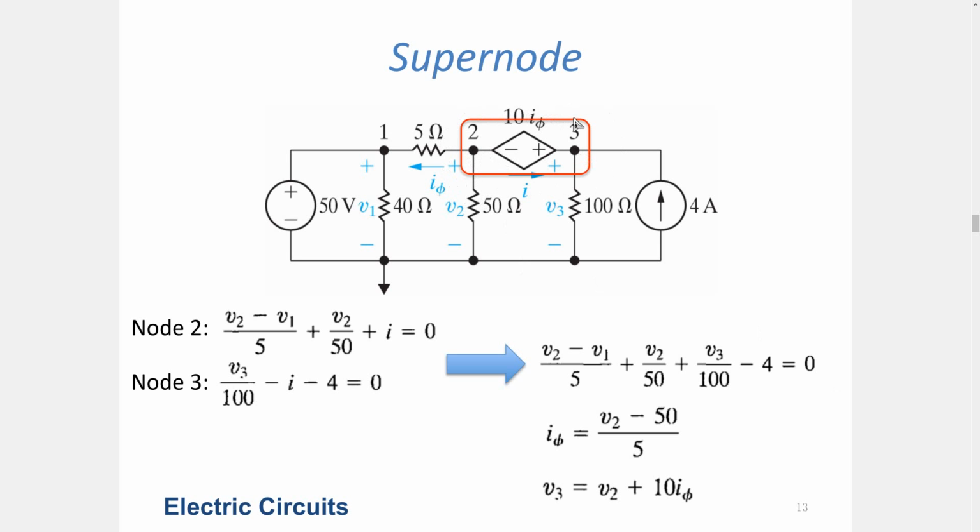If you take a look at this red boundary, all the currents entering or exiting this red boundary should be added together and their sum should be equal to 0. So basically, we apply Kirchhoff's current law to this region. And all the currents entering and exiting in total would give 0.